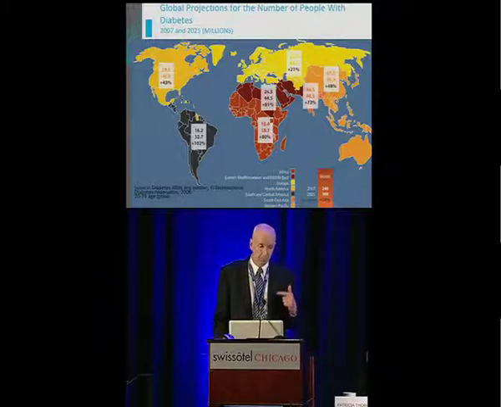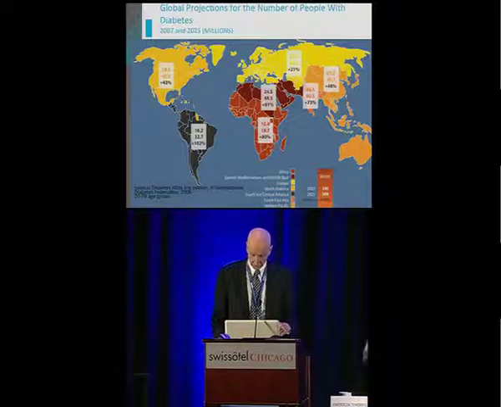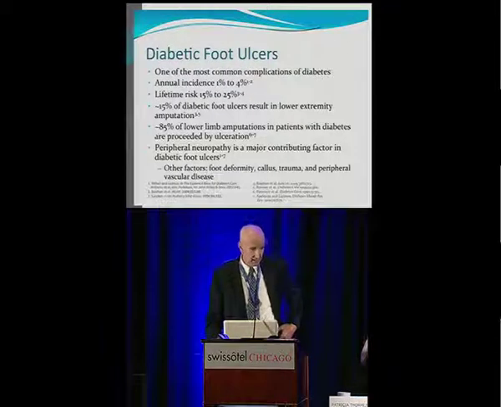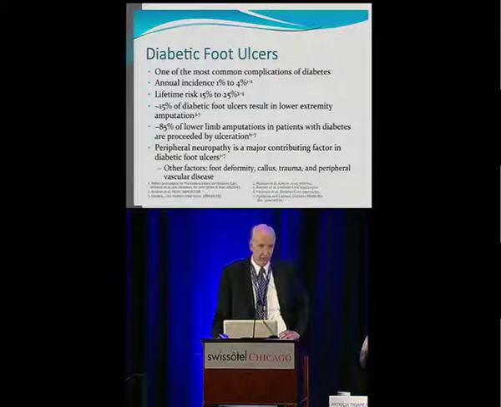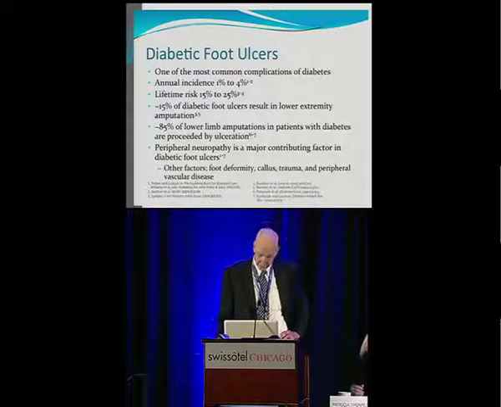So we have a big mission in front of us, and everybody also focuses on how costly it is, with the incidence of ulcers growing, the lifetime risk growing, and where you end up on the amputation spectrum when you have diabetes or PAD or neuropathy.